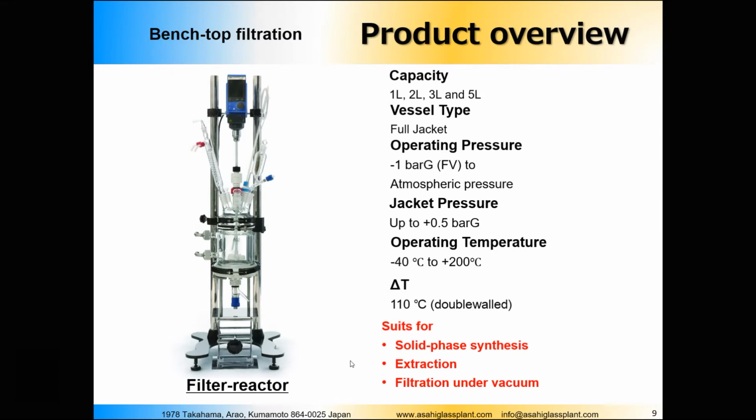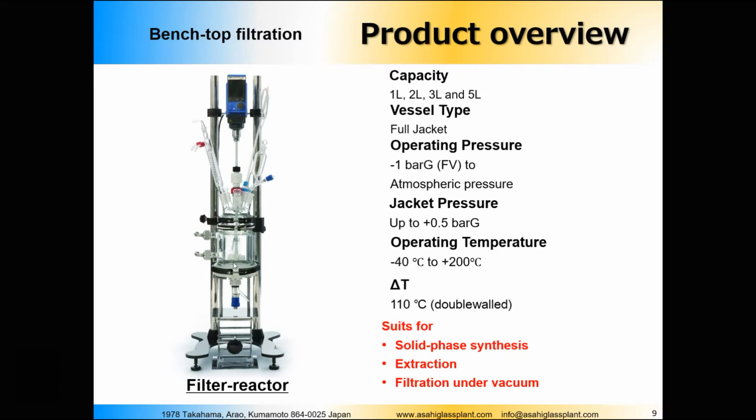Extraction. A filter reactor can be easily used for extraction. For example, you want to extract something from the leaves, from grass, from leaves of a tree or whatever. You cut the leaves into relatively small particles, you put the leaves inside the vessel, and you add, for example, ethanol, and then you just simply mix them with an overhead stirrer.